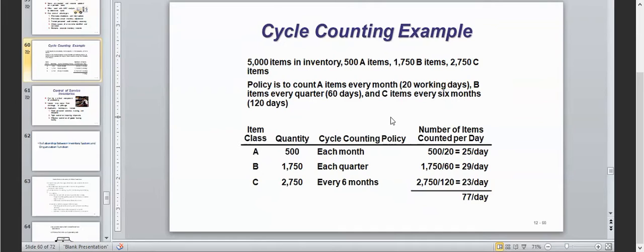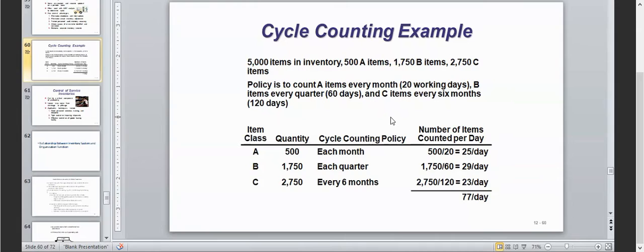So the policy is to count A item every month. Let's say the working days per month is 20 days, and so every month we need to count the A item, and for the B item we count it quarterly, 3 months, and for the C item is 6 months.